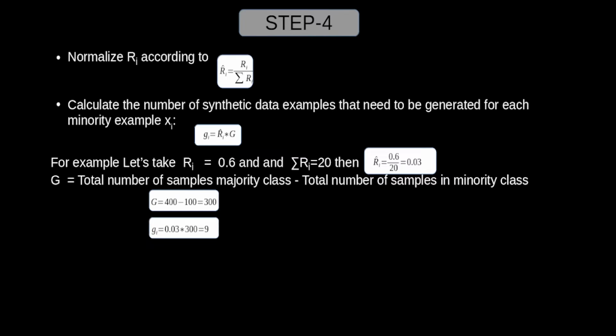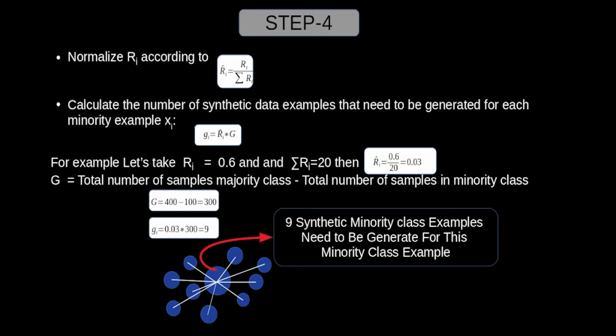We calculate small gi equals 0.03 multiplied by 300, where 0.03 is Ri cap and 300 is capital G. After calculating this, we get gi equals 9. That is, we have to generate 9 synthetic examples for this selected minority class example.